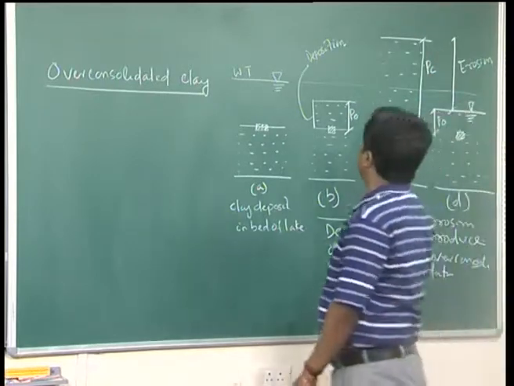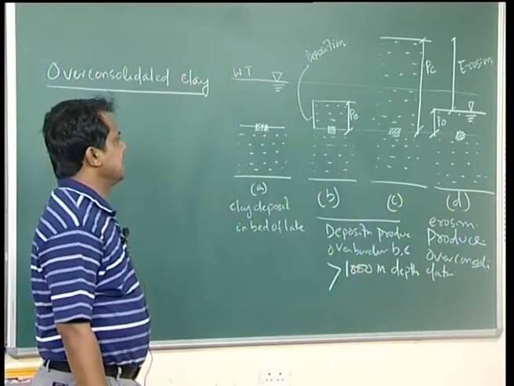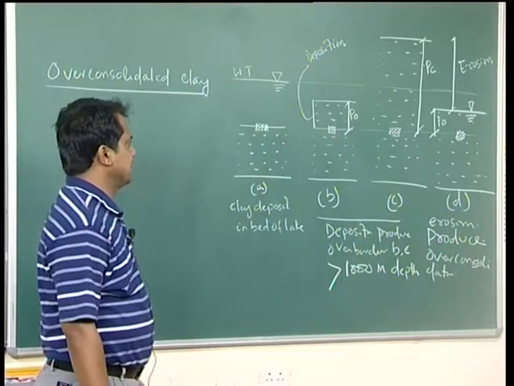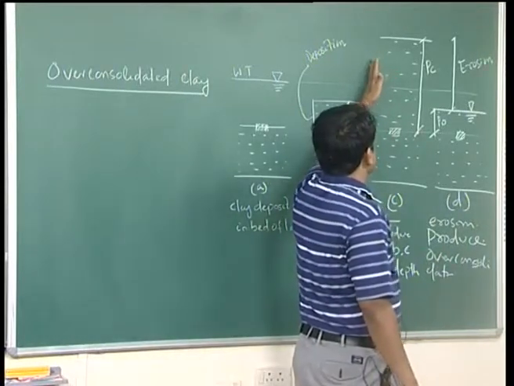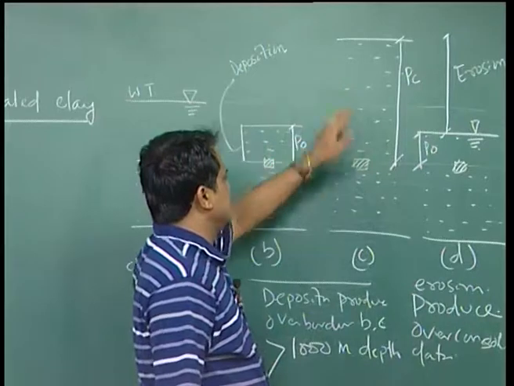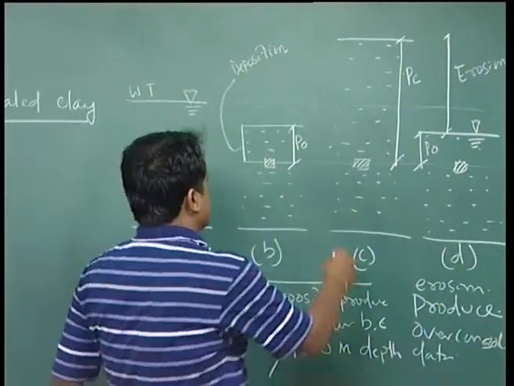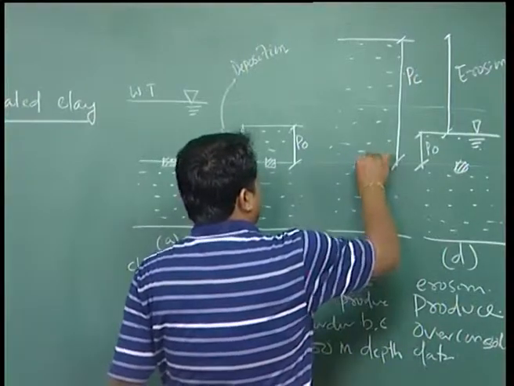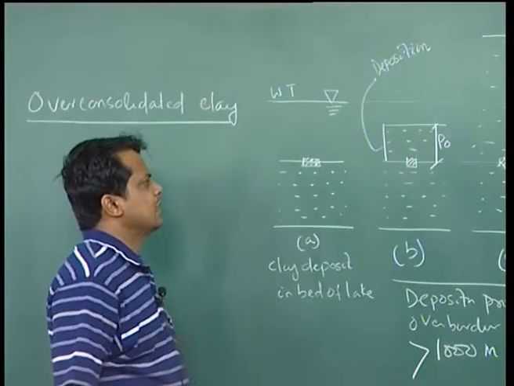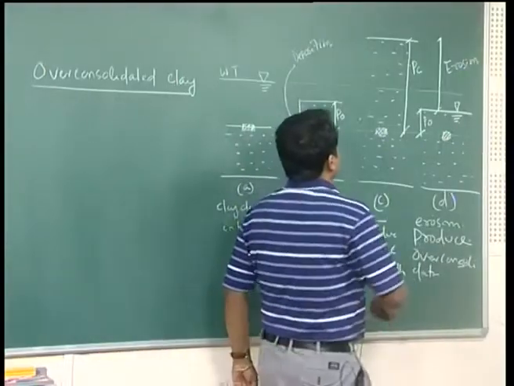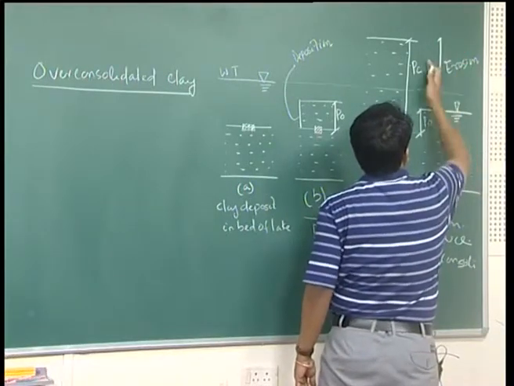Then over the period of time again, due to some other reason there is an erosion. So, what will happen, this PC is still there, before erosion. That means this clay soil exhibits this consolidation process. All of a sudden there is an erosion due to some other reason, this part has gone.